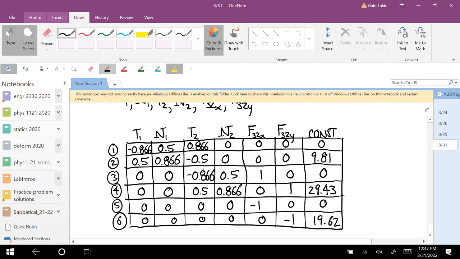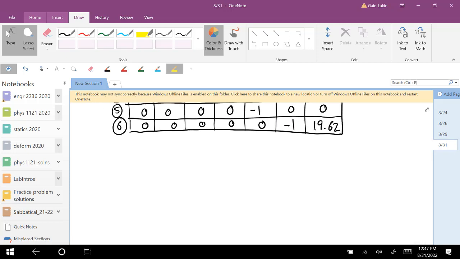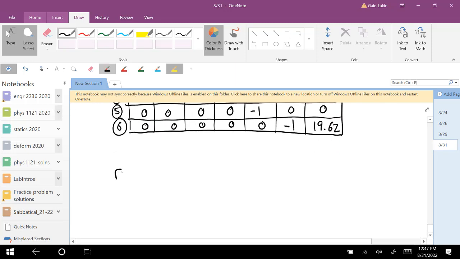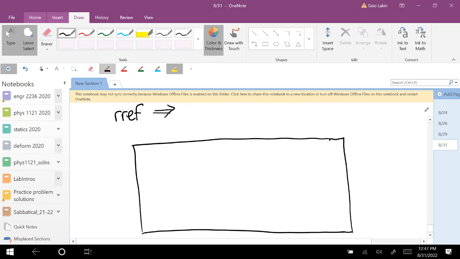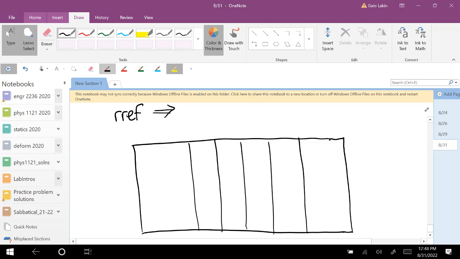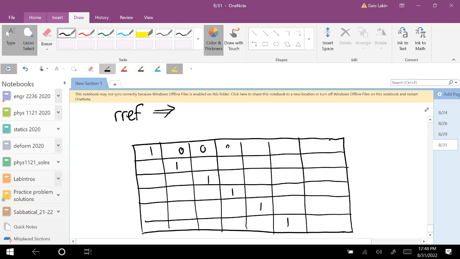Okay, so there's the augmented matrix, and if you plug that into your calculator and do reduced row echelon form, in the first 6 by 6 matrix, you'll get just ones on the diagonal and zeros everywhere else.